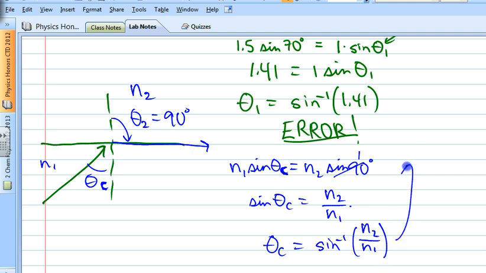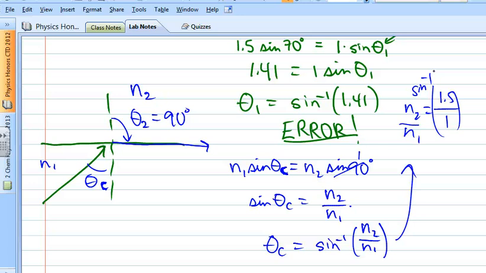Now if we go back to our prior example where N2 was 1.5 and N1 was 1, okay, and if I take the inverse sine of that on my calculator, just to see what the critical angle was, hold on one second.